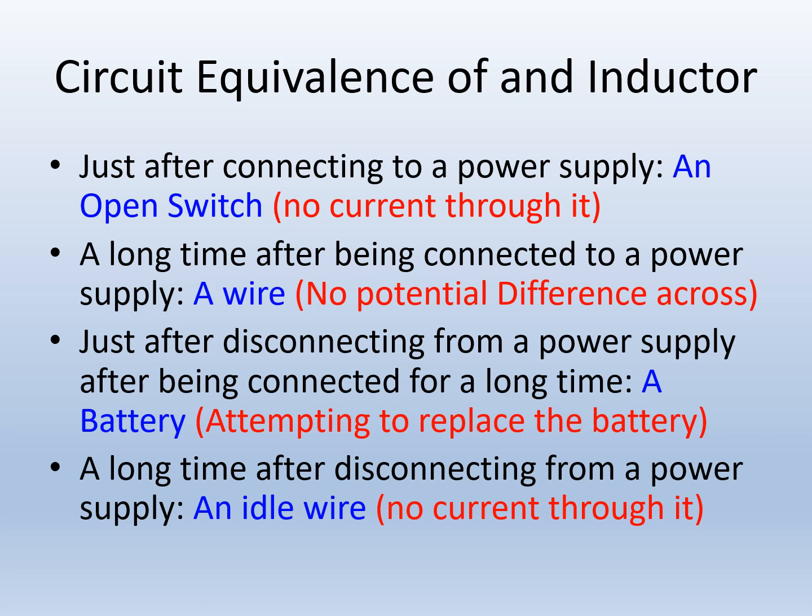And then finally, you keep the inductor in that position for a long time. The energy in the inductor is dissipated, and it will become a wire. This wire is not conducting any current, and therefore there is no potential difference. It is an idle wire.